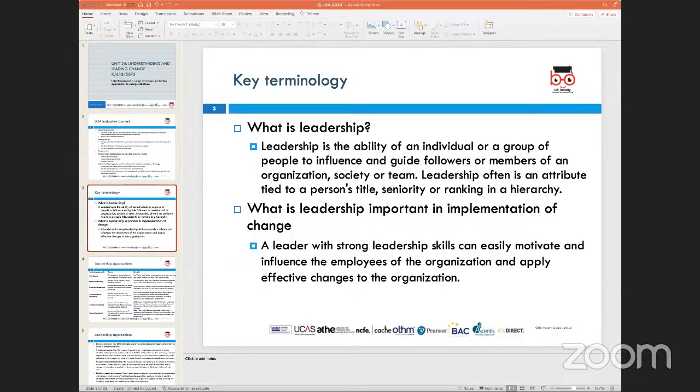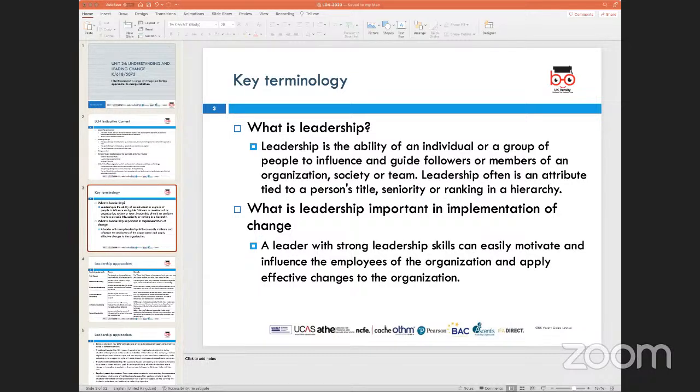Now, leadership would have many traits and abilities. If somebody says that I'm a leader, or gets into a position wherein they are expected to get their hands dirty and set an example that this is how things have to be done, then they would have abilities to inspire and influence others towards achieving a common goal.